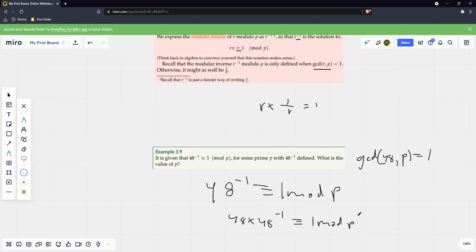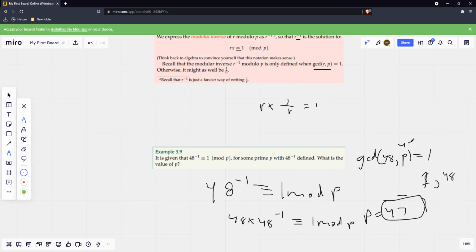And then we are saying that p can be equal to 47. Why? Because 1 modulo 47 can be 1, or 47 plus 1, which is equal to 48. So we are saying that the modular inverse 48 to the power of -1 is congruent to 1 modulo p. Basically, we are saying that p is equal to 47.